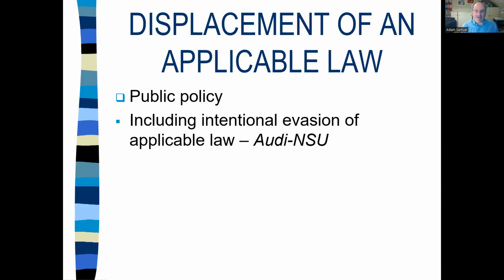In the Audi NSU case, that involved an enforcement problem, I think, and so the New York Convention case. And when a party selects a seat of arbitration, an applicable law in a country entirely in order to dodge the application of an otherwise applicable statute, then the country of that statute is never going to be a happy place if you end up in a courtroom.